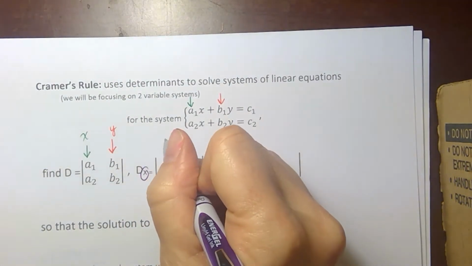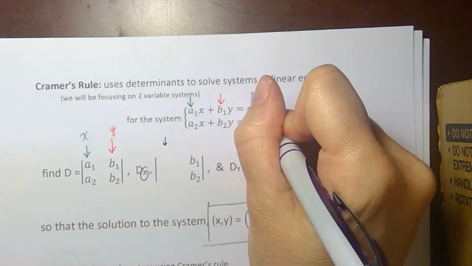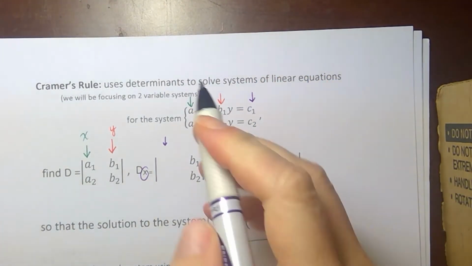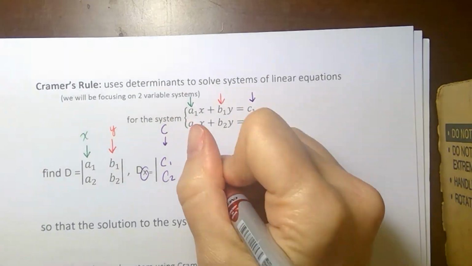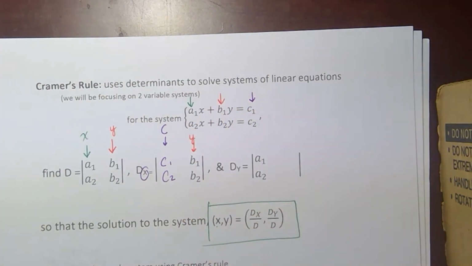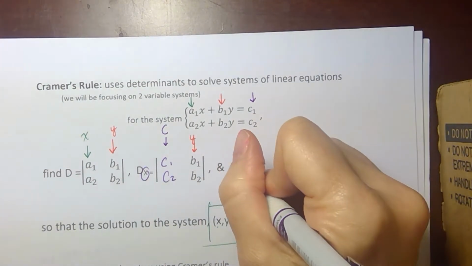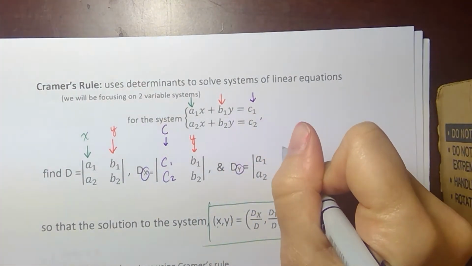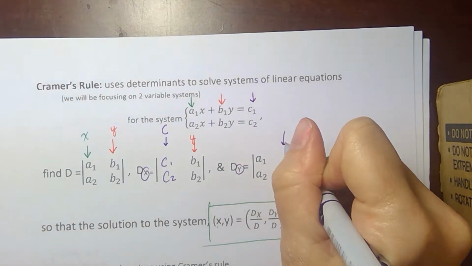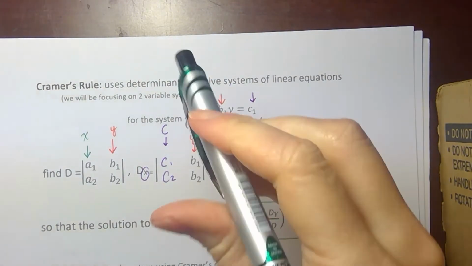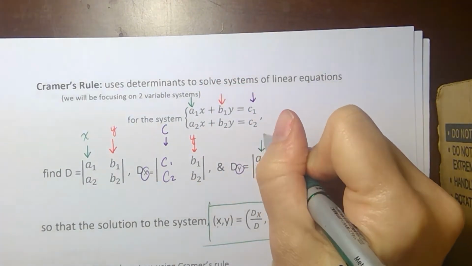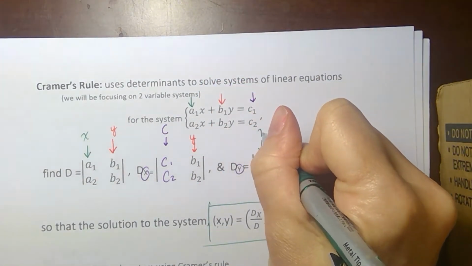I replace the x coefficients with my constants. And then I leave the y coefficients where they are. To find D sub y, I take out the y coefficients and I replace those with my constants. And I leave the x coefficients where they are.